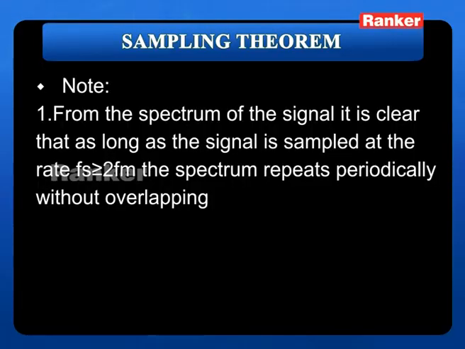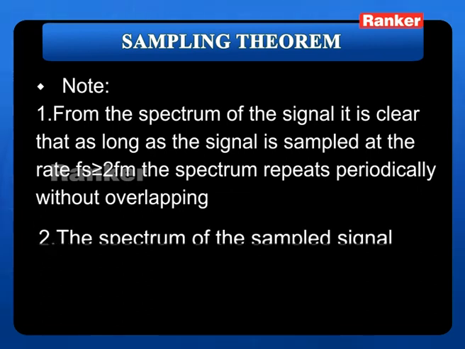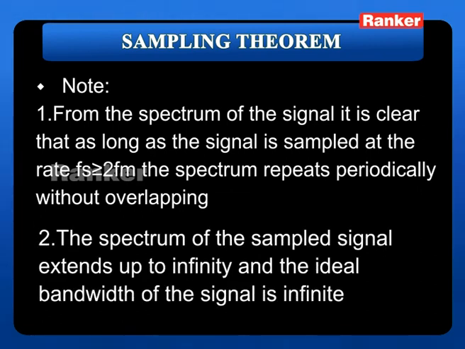Okay. Now, the first point says, from the spectrum of the signal, it is clear that as long as the signal is sampled at the rate Fs greater than or equal to Fm, the spectrum repeats periodically without overlapping. That we have seen here, there is no overlap. The second point, the spectrum of the sampled signal extends up to infinity and the ideal bandwidth of the signal is infinite.